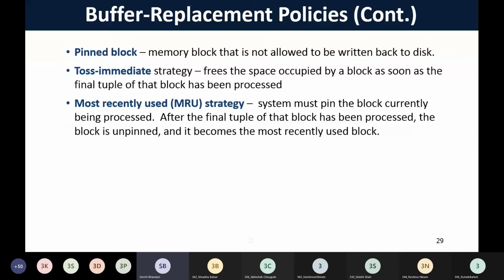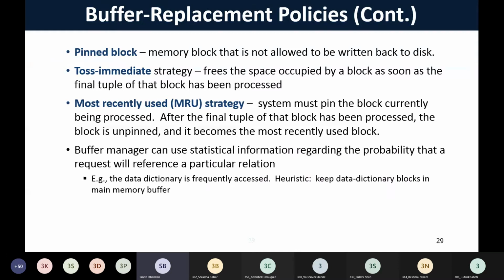Whichever is the most recently used block will be utilized at the end in the next iteration. So my database management system may ask to remove or replace this block if required, instead of the least recently used block.